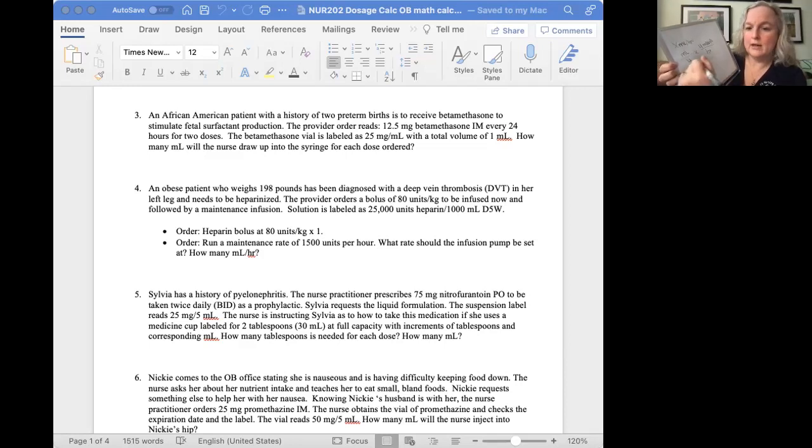So we know that there is 1,000 milliliters in the bag. Here it says 1,000 milliliters and 25,000 units is in the bag.